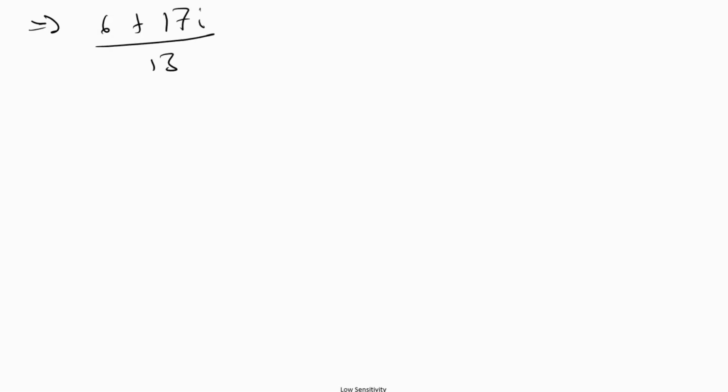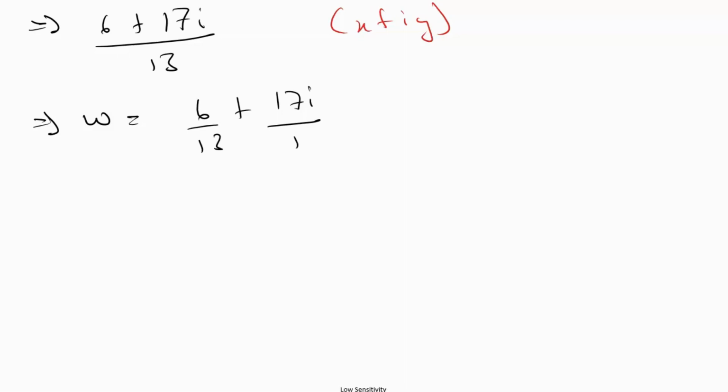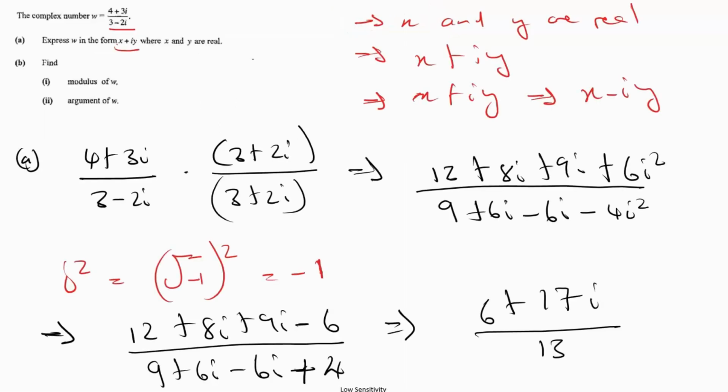But remember, we want to express this in terms of x plus iy. Therefore, w is 6 over 13 plus 17i over 13. So we have solved the first question.